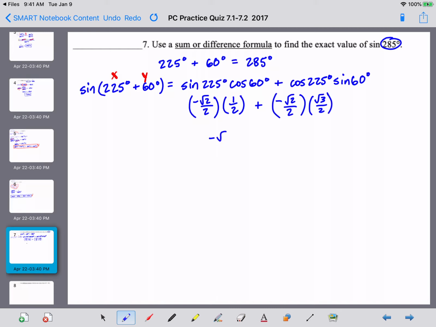We get negative root 2 over 4 plus negative root 6 over 4, which already has a common denominator of 4, so in the numerator we just have negative root 2, oops, not plus, should be minus root 6. All right, so that is the exact value of sine 285 degrees.